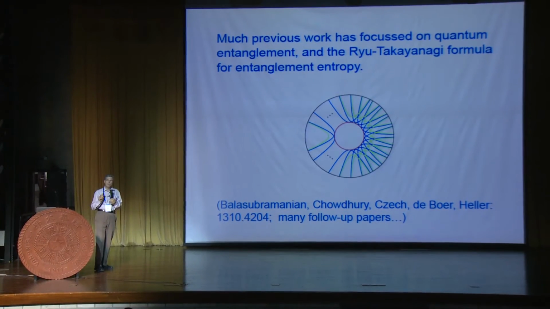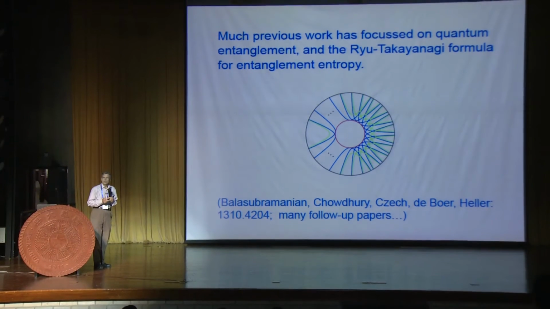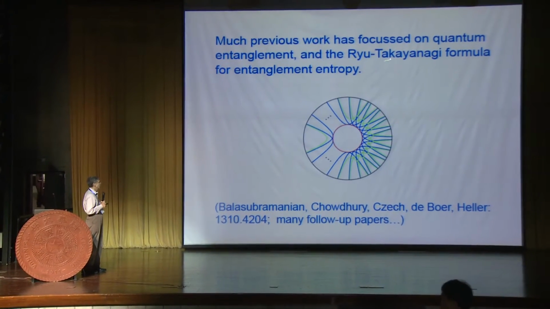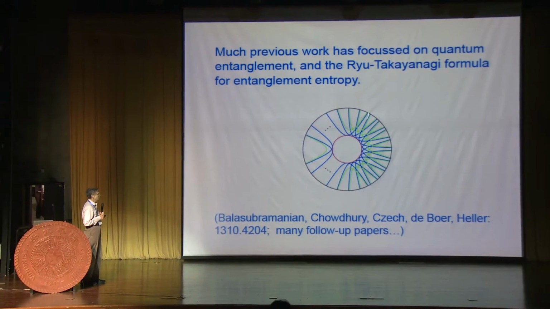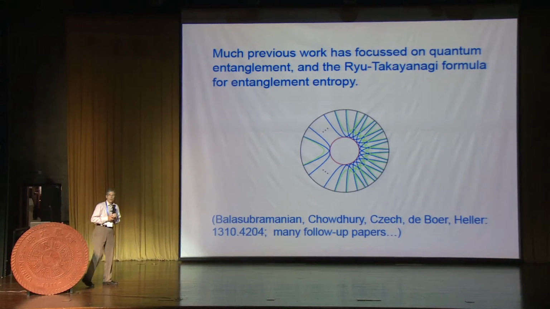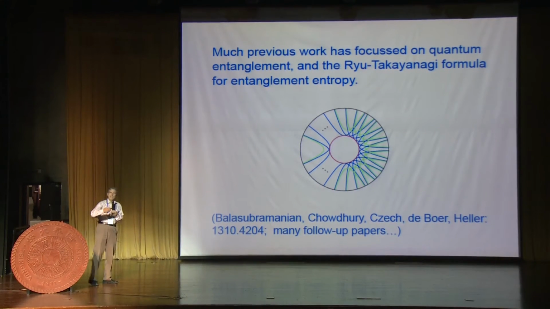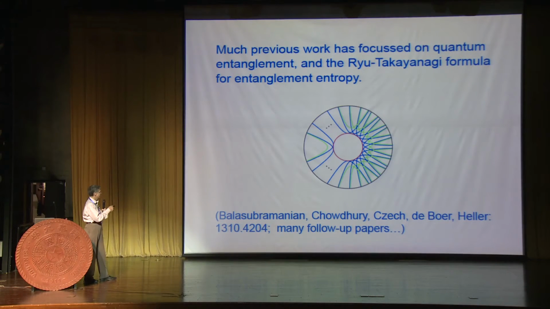Since the entanglement entropy is given by the area of a minimal surface in the bulk, one might hope that you can then recover the metric, or at least the area of any surface in the bulk, by combining the entanglement entropies of various different regions on the boundary and subtracting and adding them in the right way. This was suggested in a paper by these authors and followed up by many people.